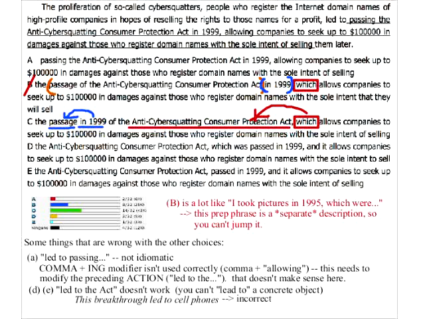But if you say something like this breakthrough led to the development of cell phones, or this breakthrough led to cellular technology, both of those things are abstractions.